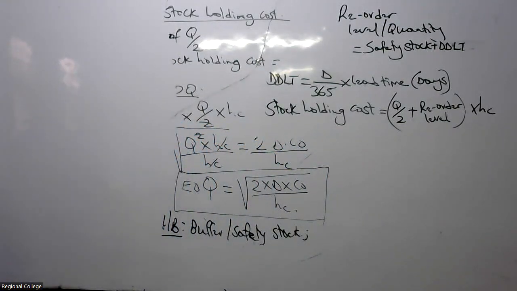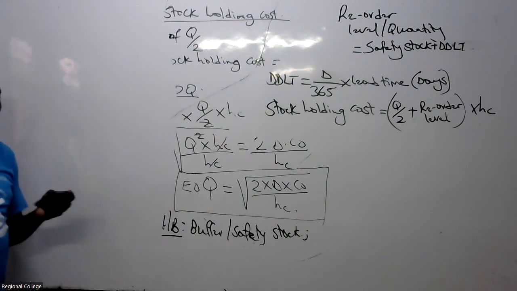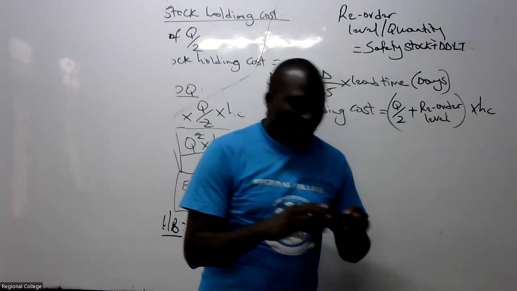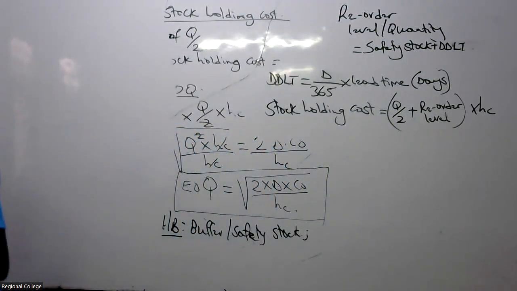Desired stock level is 300. So desired stock level is the minimum stock level, which is like the safety stock. This stock level was in hand initially. Lead time is seven days. Assume a 365-day year. Calculate the economic order quantity.